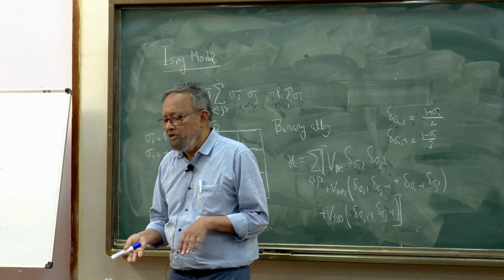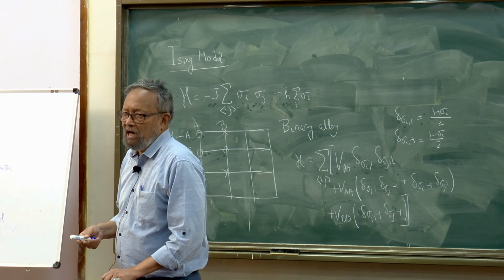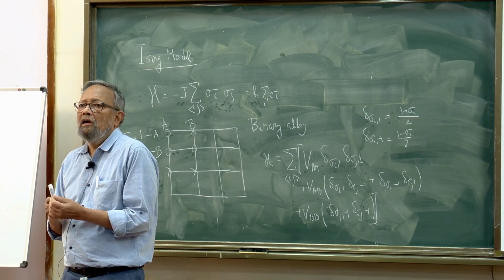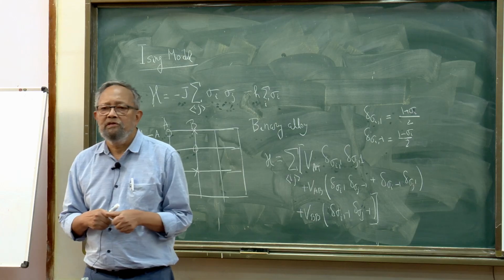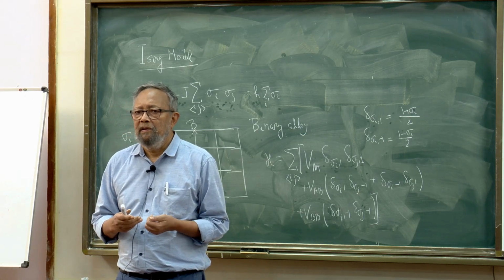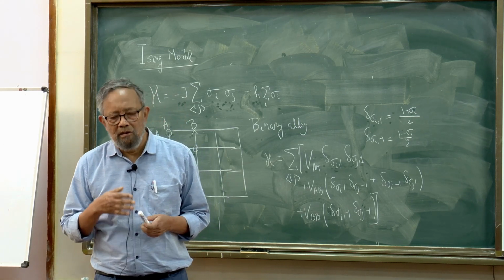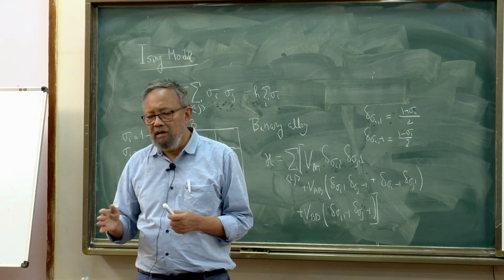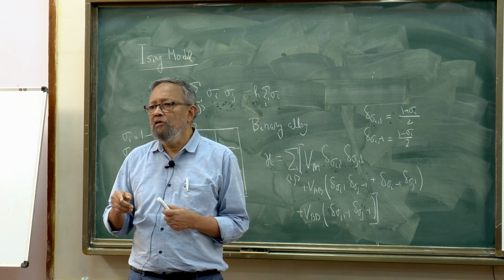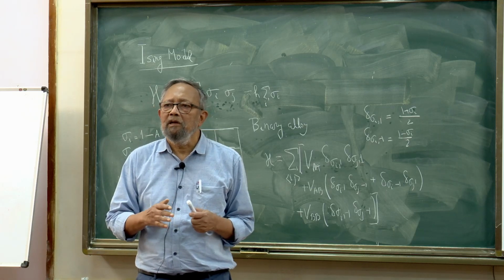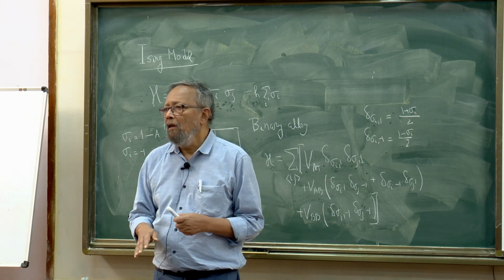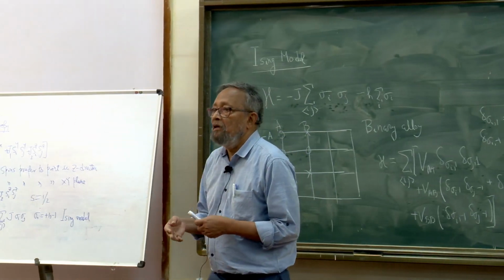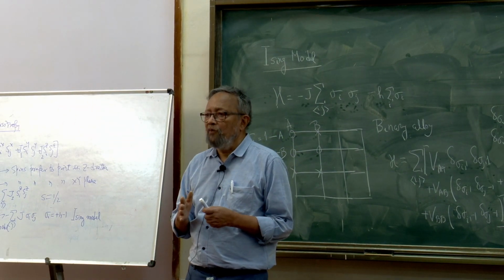One of the nice things about the Ising model is that it has been solved exactly. There is the famous work by Lars Onsager, who was able to solve the Ising model exactly on the square lattice. That solution shows that there is a critical point such that if temperature is higher than the critical temperature, magnetization is equal to 0. If temperature goes below, then there is non-zero magnetization, and there is all sorts of singular behavior of specific heat, susceptibility, all those things at the transition point.